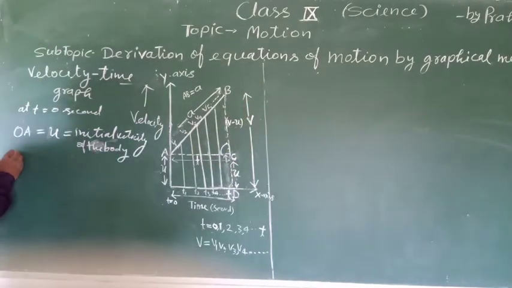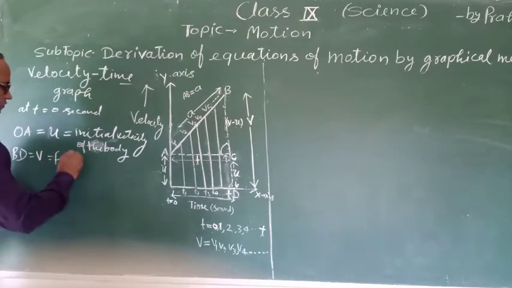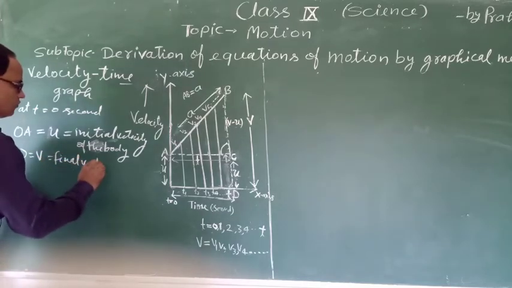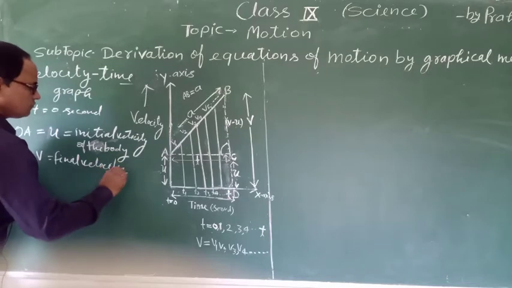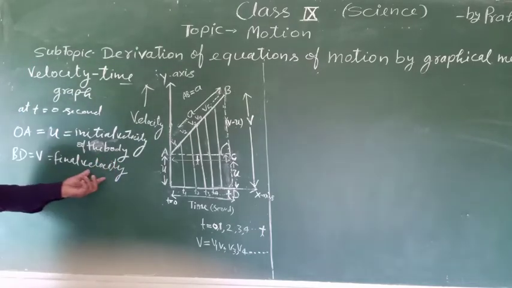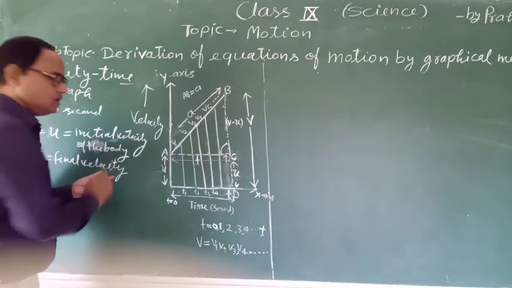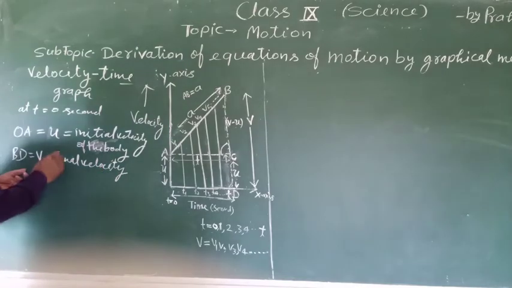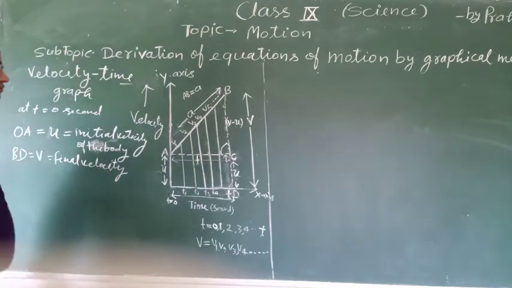Here BD is equal to v, the final velocity of the body.